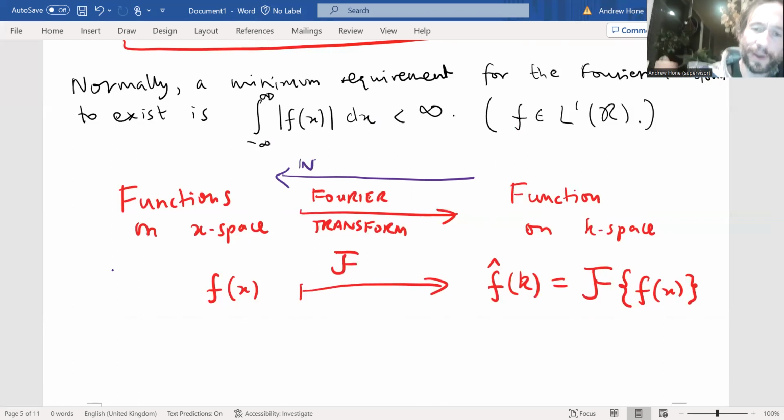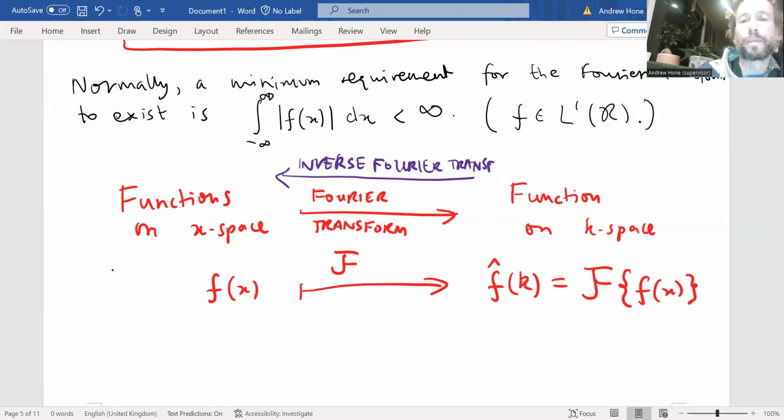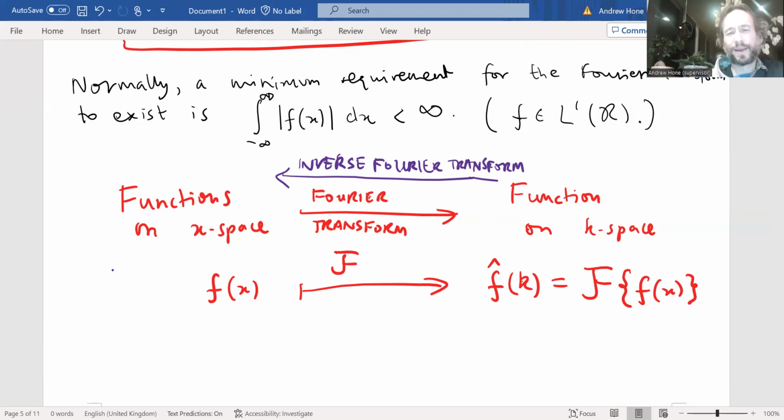I'll take a different color, maybe this kind of purple. So this is called the inverse Fourier transform. I should have made the arrows the same length, but never mind. This is taking you from a function on k space, a function of k, going back to give you a function on x space.